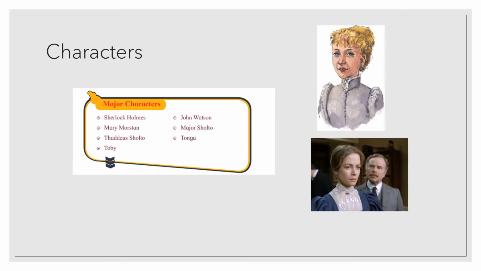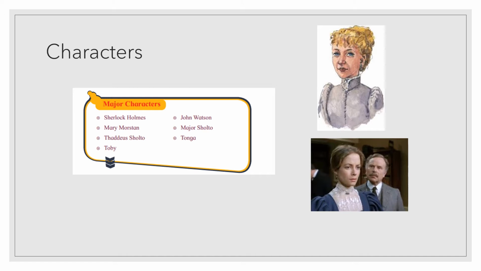In part 1, we discussed three major characters in the story The Sign of Four, which are Sherlock Holmes, the lead character who's working as a detective, Mary Maudsley, the daughter of the missing Major Maudsley, and John Watson, the friend of Sherlock Holmes.